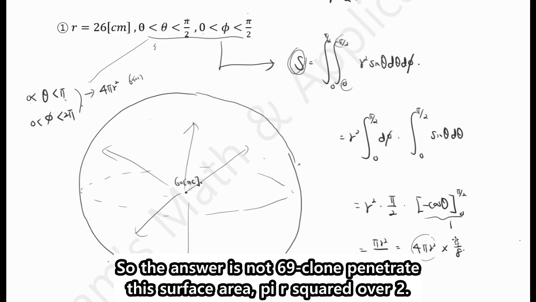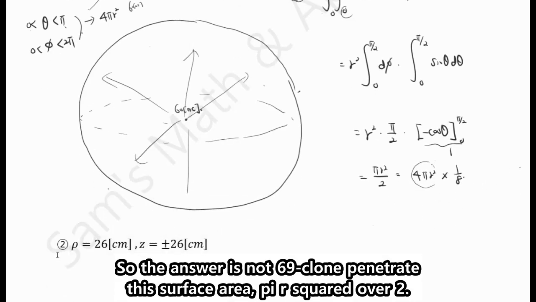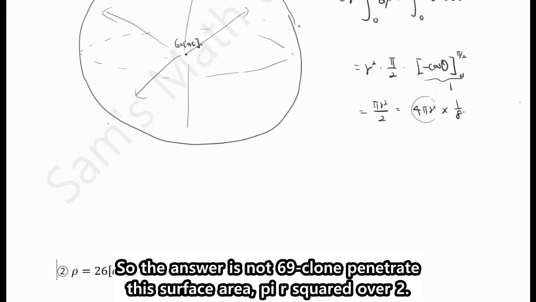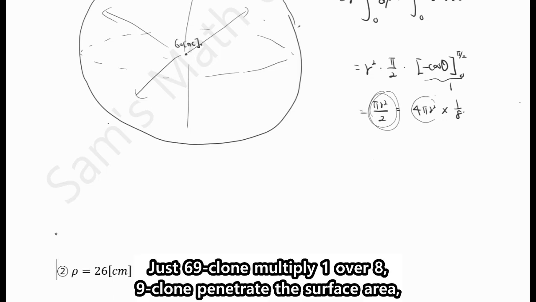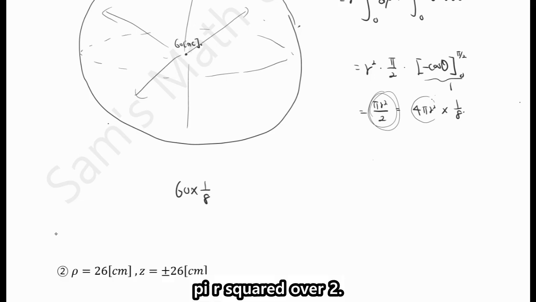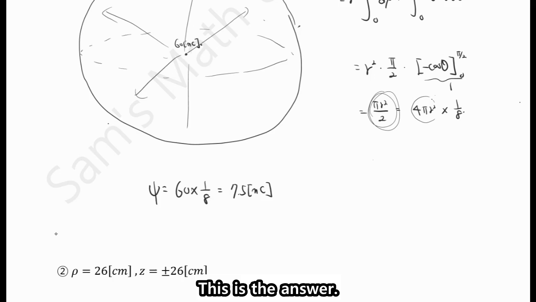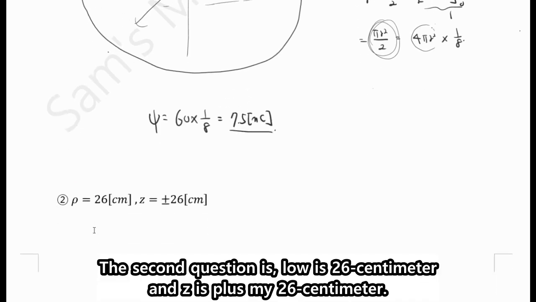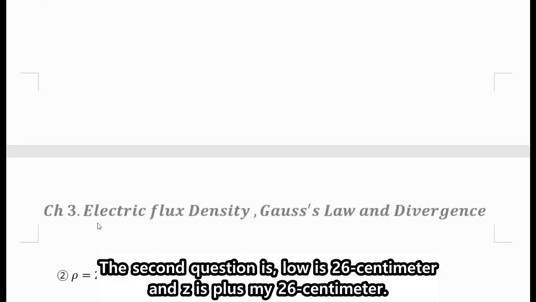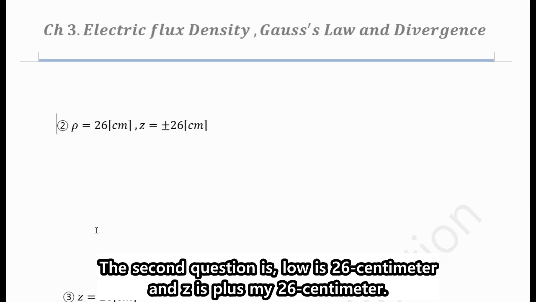So the answer is not 60 nanocoulomb penetrating this surface area pi r squared over 2. Just 60 nanocoulomb multiplied by 1 over 8 penetrates the surface area pi r squared over 2. The answer is 7.5 nanocoulomb. This is the answer.